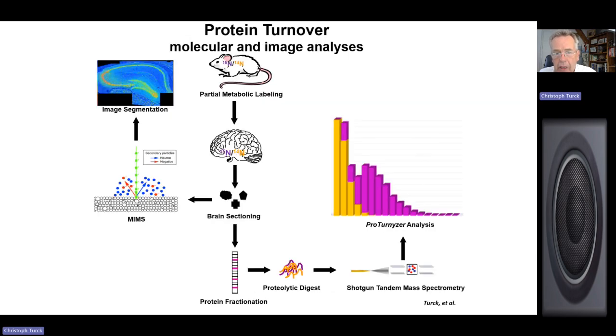Now, since we had both of these technologies at our disposal, we got engaged in a study that has to do with the antidepressant response. My postdoc at the time, Michaela Filio, subjected these hippocampi to tandem mass spectrometry of protein extracts, and also to MIMS analysis.